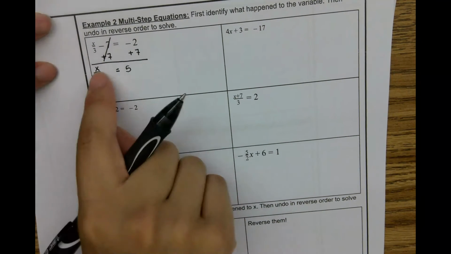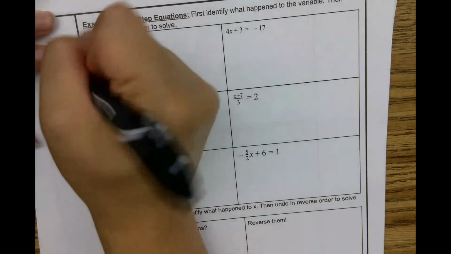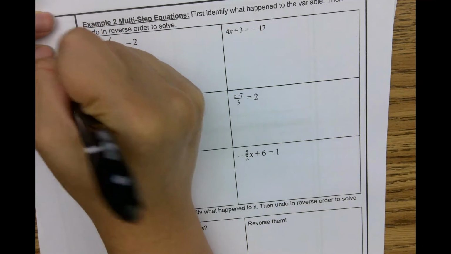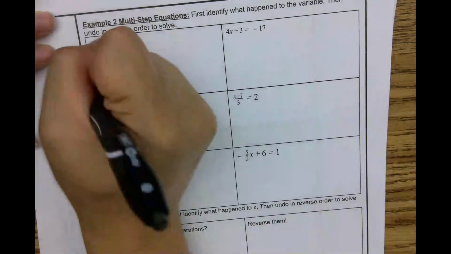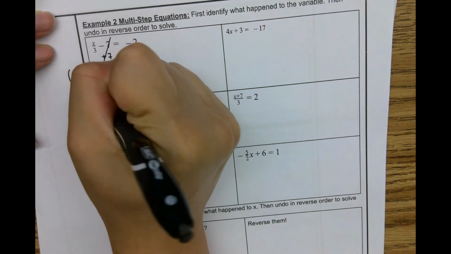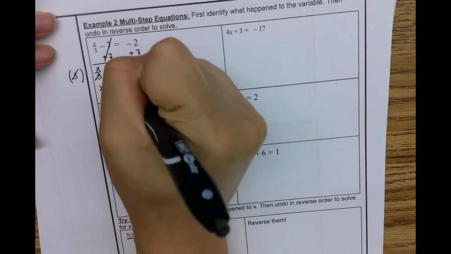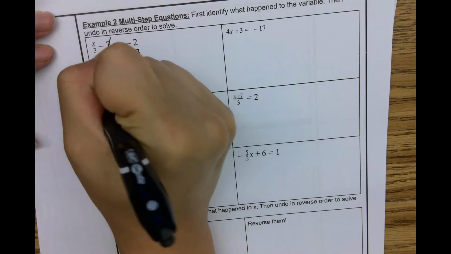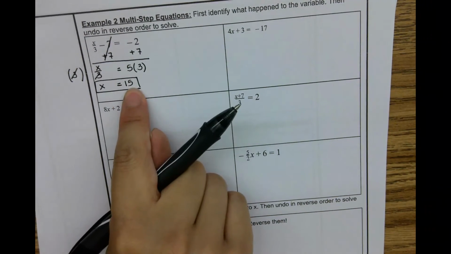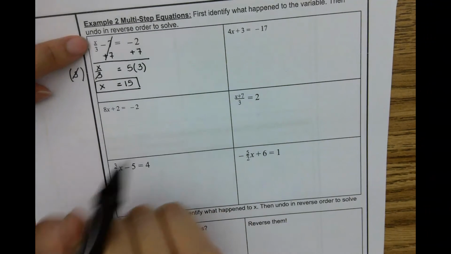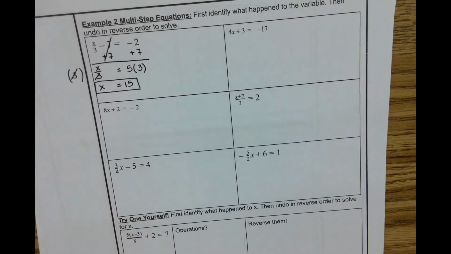So since this is divide by 3, the opposite would be to multiply. So I multiply by 3. Okay. This cancels out, leaving me with x equals 5 times 3 is 15. Okay. And again, if I'm scared of my answer, right, I'm scared that it's wrong, I can always plug it back in to check.